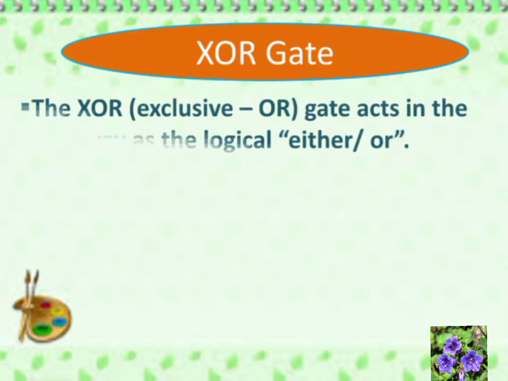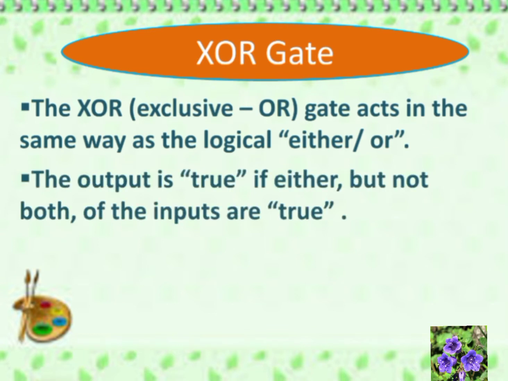Dear children, let us see XOR gate. XOR gate means exclusive OR gate. It acts in the same way as the logical either-or. That means the output is true if either input is true. So if any one of the inputs is 1, the output is 1.